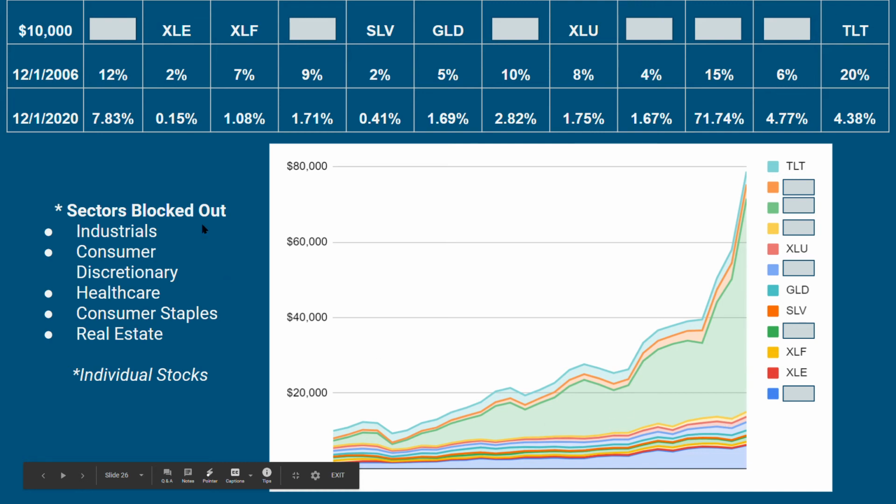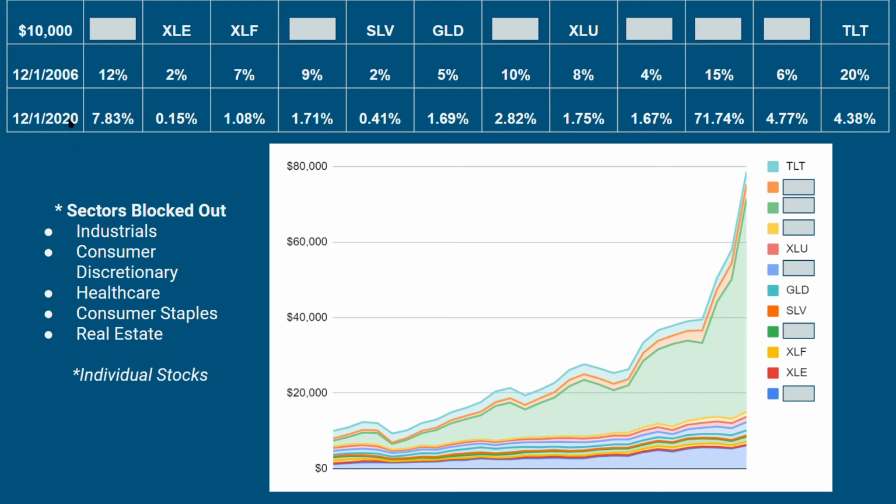So sector is blocked out. Okay, these gray boxes represent stocks from the following sectors, not in any particular order: industrials, consumer discretionary, healthcare, consumer staples, and real estate. Okay, and this bottom line shows how you invest $10,000 one time and never touch it again at these allocations.